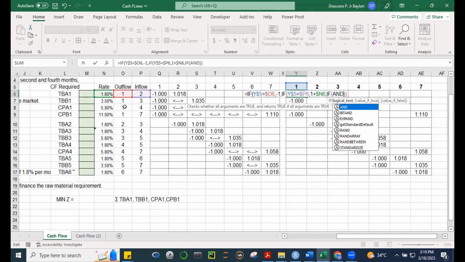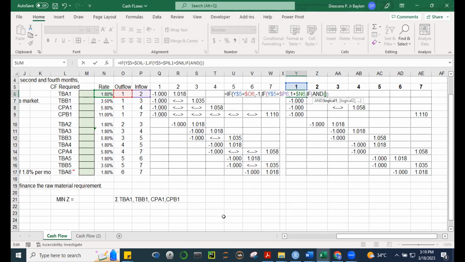Greater, sir. Okay, it should be greater. It can't be greater than or equal to, right? It should be greater than the outflow and less than the inflow. So I'm going to use the if and function, which allows us to generate two conditions at the same time: logical 1, logical 2, and even more.